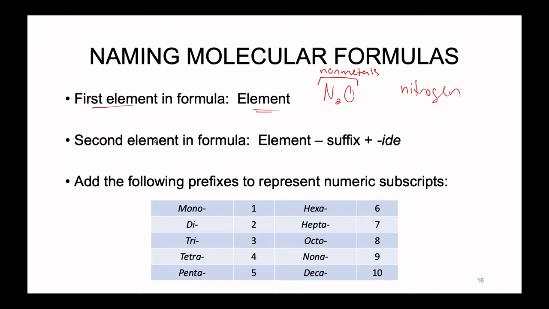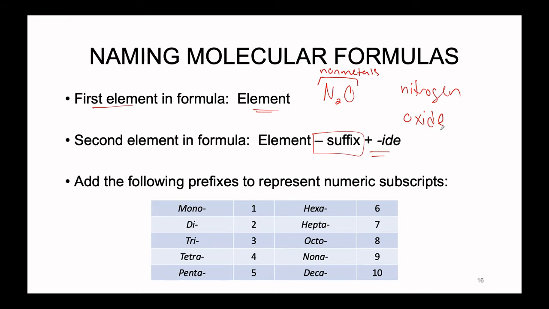And our second element in the formula is going to have its name, we are going to drop the suffix and add IDE. So we've already seen something like oxygen. We drop the suffix of the igen. We add IDE. This gives us oxide.